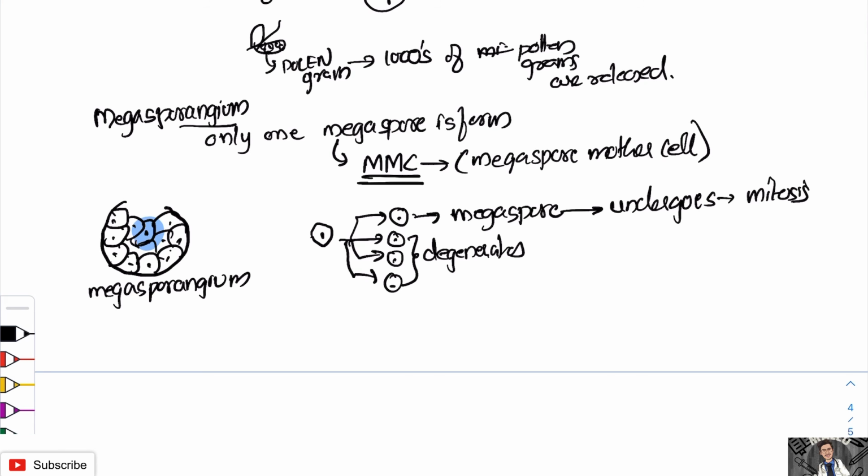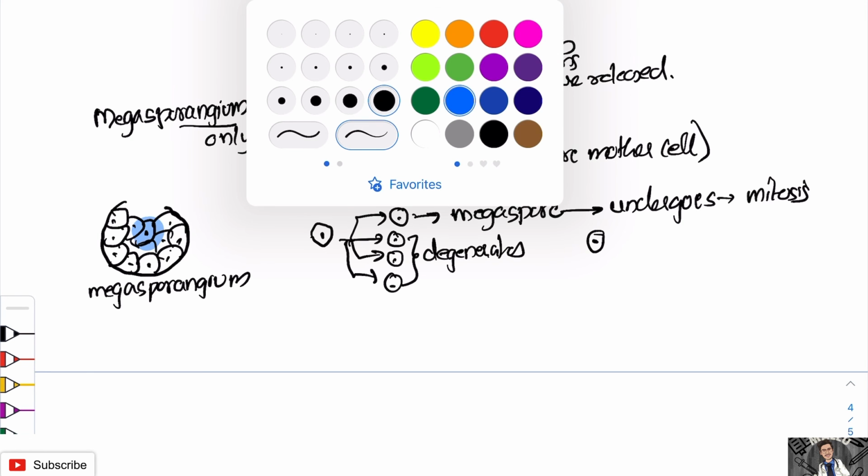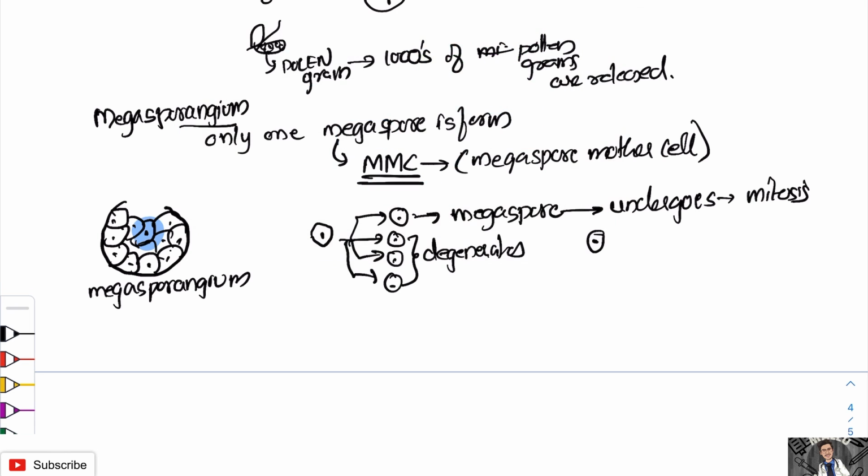Okay, it undergoes repeated mitosis means that the megaspore, which I represented in blue color, undergoes repeated division and forms several haploid structures. Okay, this is what happens.